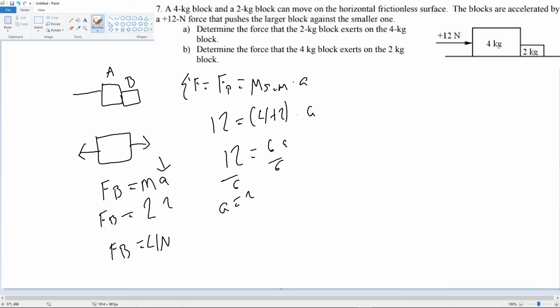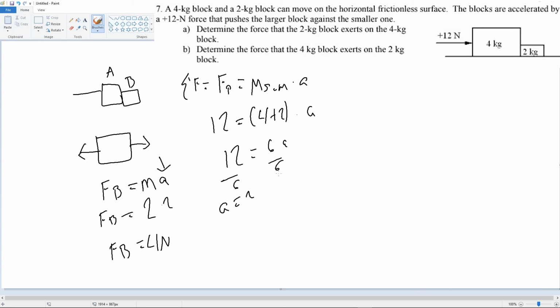Oh, and by the way, block B applies a force on block A because of Newton's third law, which states that every action has an equal and opposite reaction, meaning that when A pushes on B, B pushes back on A. Now, using that same law for part B, we know that because they have equal forces being applied, block A also applies 4 newtons on block B.